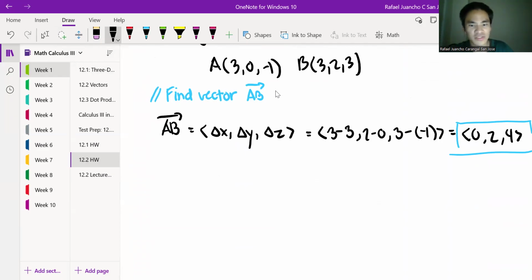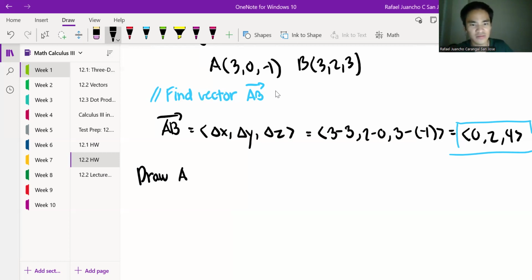Okay, so the next thing we want to do is we want to draw AB and the equivalent expression A. So I'm assuming A here is the position vector because it starts at origin. So here's what it says.